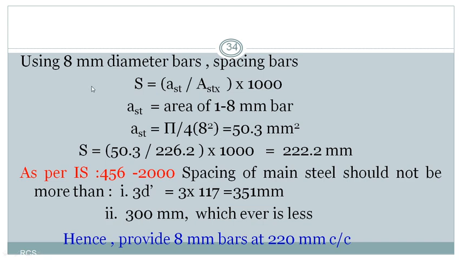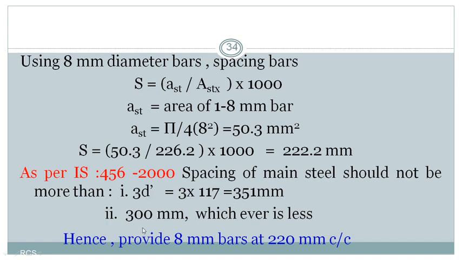Now calculate the spacing for this 226.2 mm square. That is equal to small ast by capital Asty into 1000, and the area of an 8 mm diameter bar is 50.3, so 50.3 by 226.2 into 1000. We'll get 222.2, and the spacing as per IS 456 2000 is 351, that is corresponding to 3d.